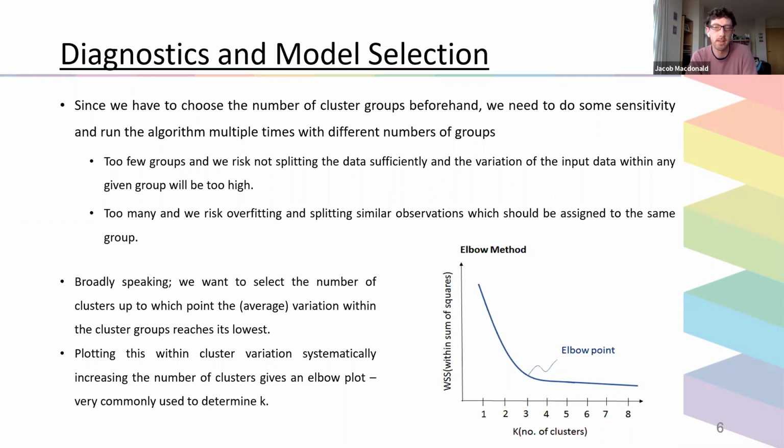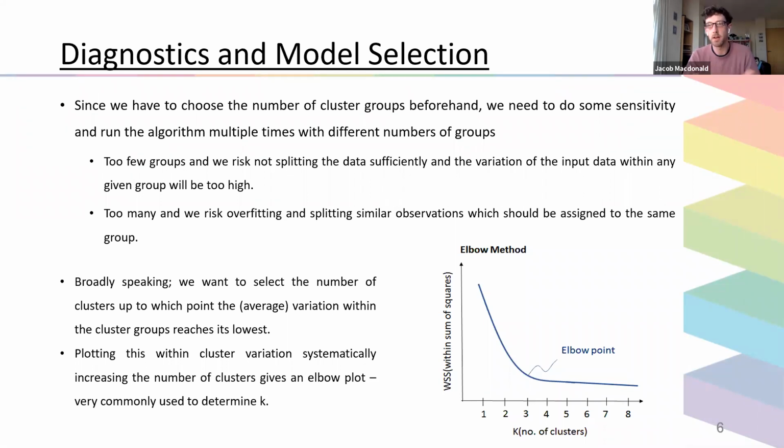And a lot of this can come from knowledge beforehand into the research question and just knowing the context. But because there's a little randomness in selecting this number of clusters, what we want to do is to actually run as many of them as possible, up to 8 or 9 clusters, for example. So what we tend to do is to iterate through, and we'll estimate the model with just 1 or start with 2 cluster groups.